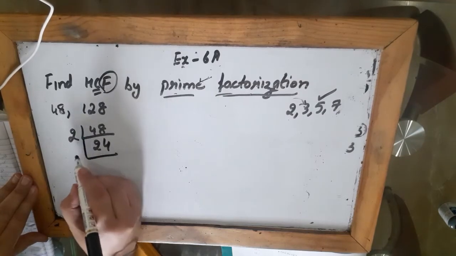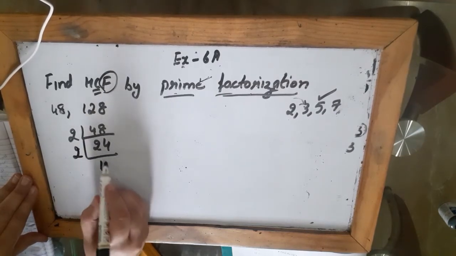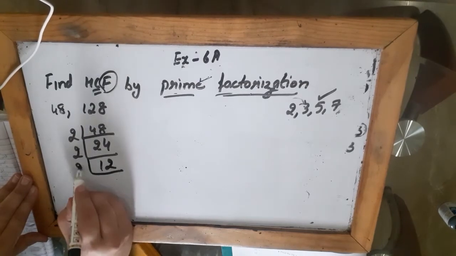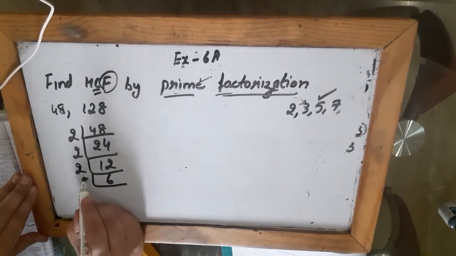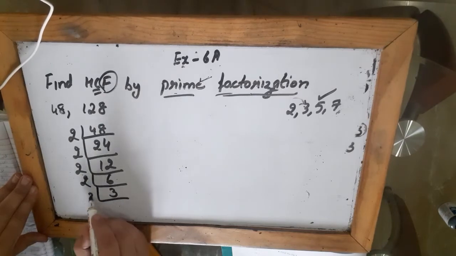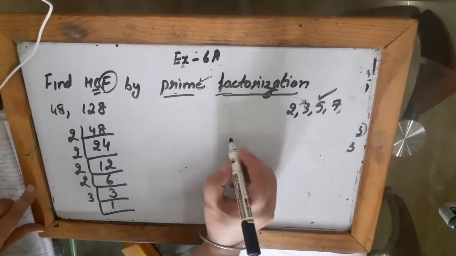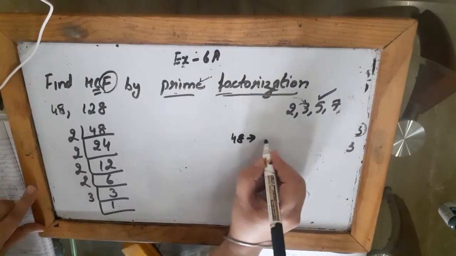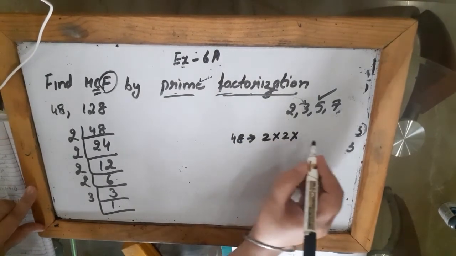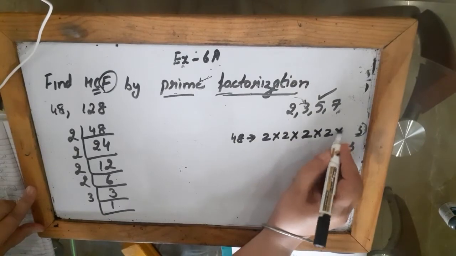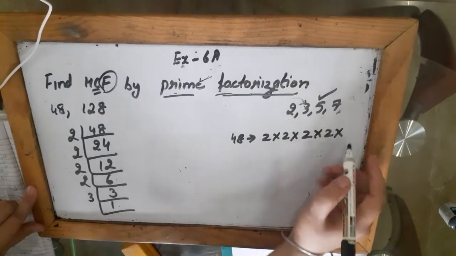Now again it will be divisible by 2. 2 1s are 2, 2 2s are 4, 2 6s are 12, 2 3s are 6 and 3 1s are 3. I have to continue this till I get 1 at the end. So what are the factors of 48? 2 into 2 into 2 into 2 into 3.